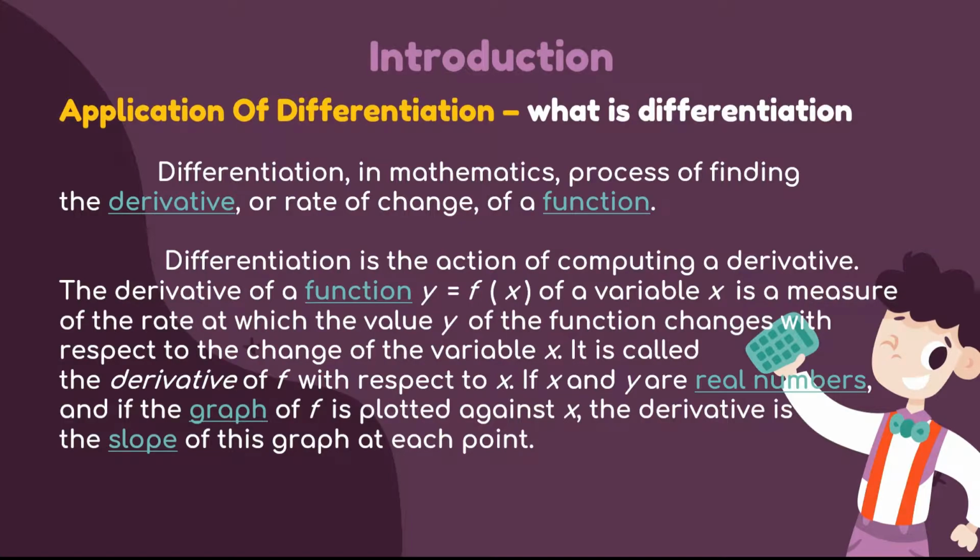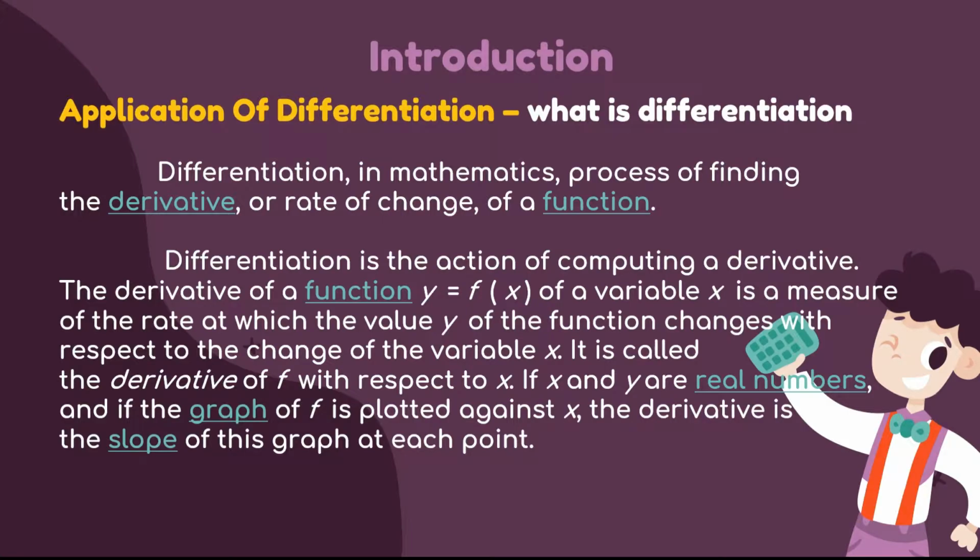The derivative of a function y equals f(x) of a variable x is a measure of the rate at which the value y of the function changes with respect to the change of the variable x. It is called the derivative of f with respect to x.